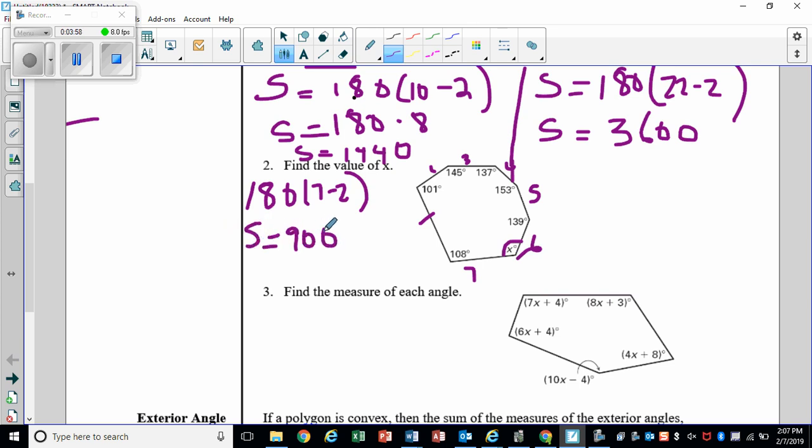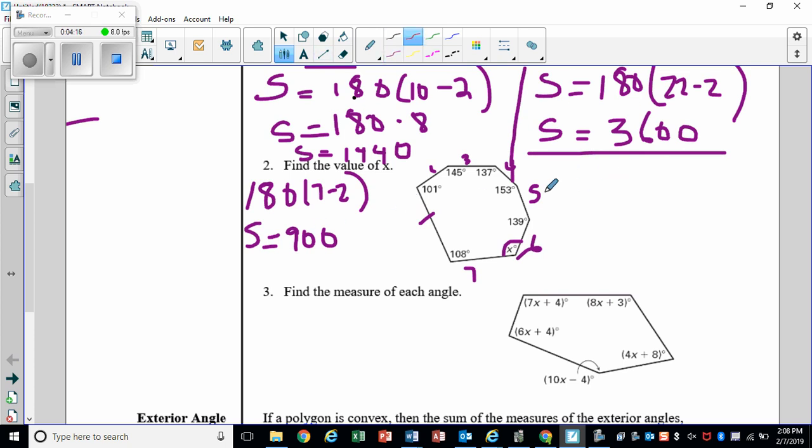Very good. Now they gave me all the angles. So what we're going to do is add up all the angles. To make it easier to add up, I'll just use a different color maybe, to differentiate.